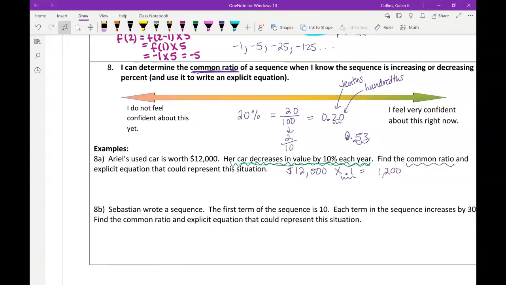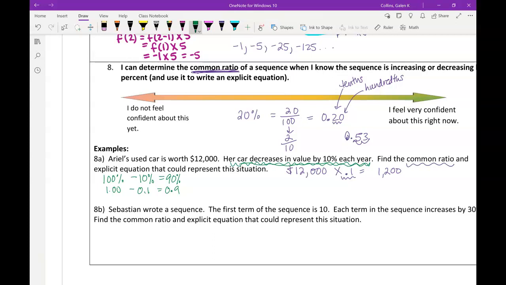That's going to be 90%. How do we get that? Well, 100% minus 10% is 90%. If you lose 10% of something, you still have 90% of that thing left. So we do need to think about this as decimals. So we should get 0.9.